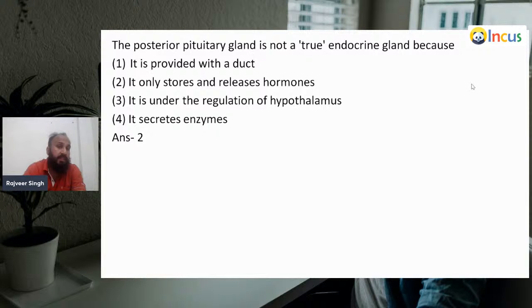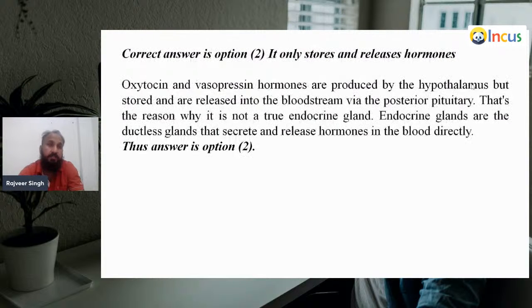It only stores and releases hormones. It is under the regulation of the hypothalamus. It secretes enzyme. Yes, our answer will be second. Because here oxytocin and vasopressin hormones are produced by the hypothalamus but stored and released into the bloodstream via the posterior pituitary.